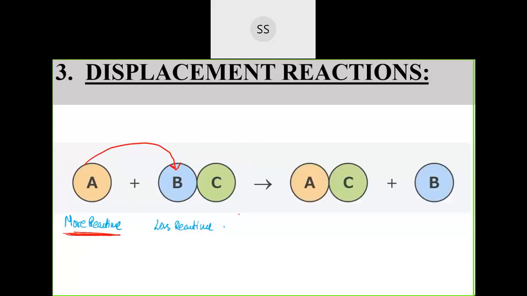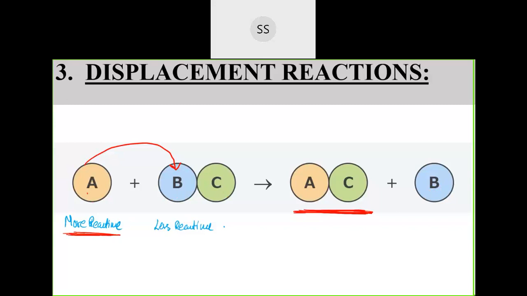If they displace, then A will combine with the C, giving you this compound, and B will be thrown out. It's like in a firm, if a company is trying to hire people and they find somebody who is better, the better ones will always be taken, and the poor ones, who are not that efficient, will be put out.